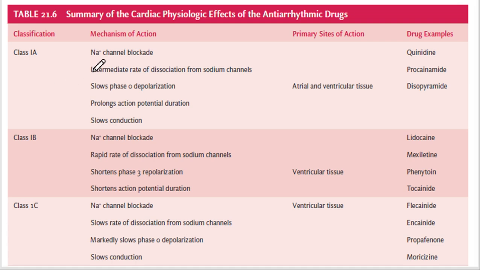Class 1A shows intermediate rate of dissociation from the sodium channels, class B shows rapid, and class C shows slow rate. Then class 1A shows phase 0 depolarization, similar to that class 1C shows phase 0, but 1B shortens the phase 3 repolarization. Okay, this is the difference, this point of the repolarization.